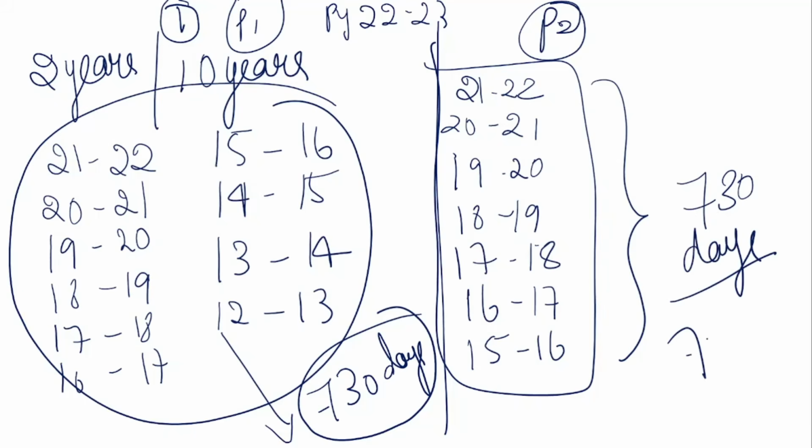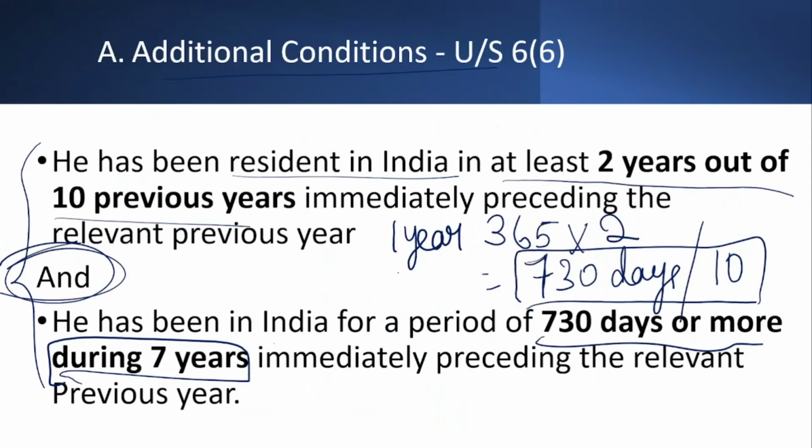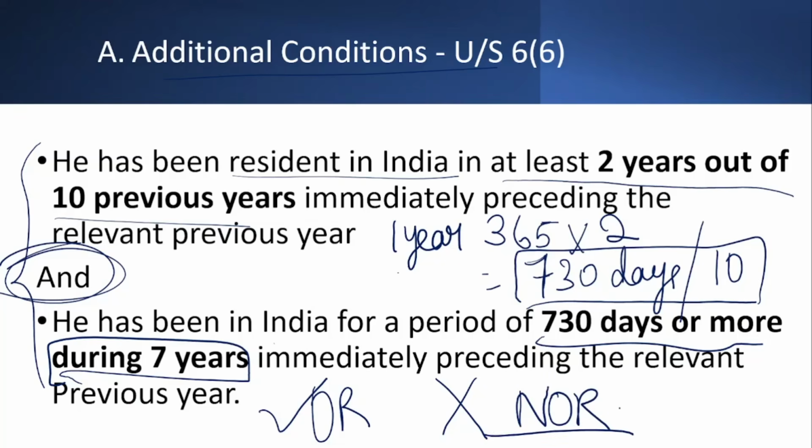Here we have taken 7 years. If he satisfies the additional condition, then he will be termed as ordinary resident. If he doesn't satisfy the additional condition, we will term him as not an ordinary resident.